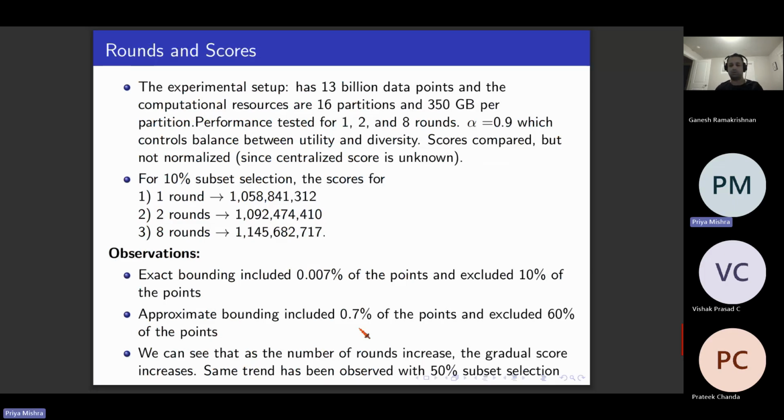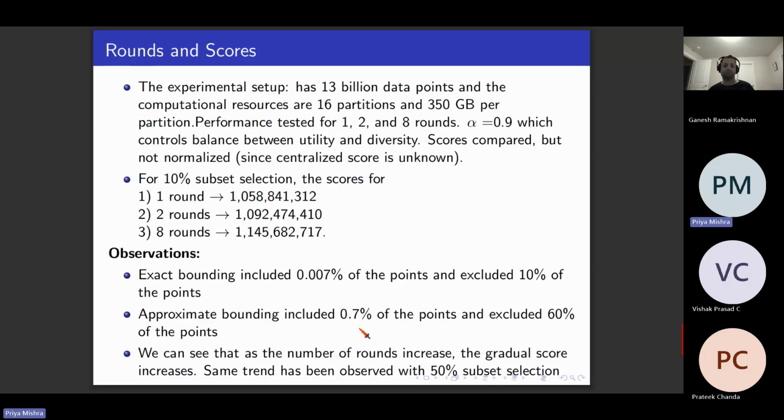In the paper they have considered a 13 million data set and 16 partitions, in which we take 350 GB per partition. The performance is tested for 1, 2, and 8 rounds with a factor of alpha equal to 0.9.